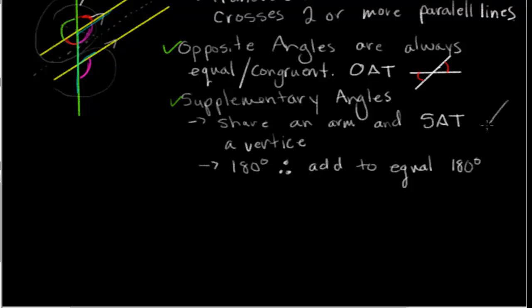So if I have an intersection, I'm going to make that a little straighter. Then if I have an intersection, I'm just going to label this one and this one, which together equal 180 degrees.